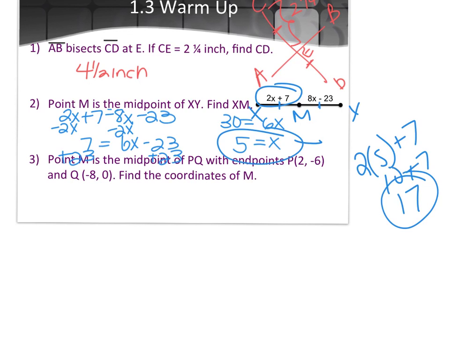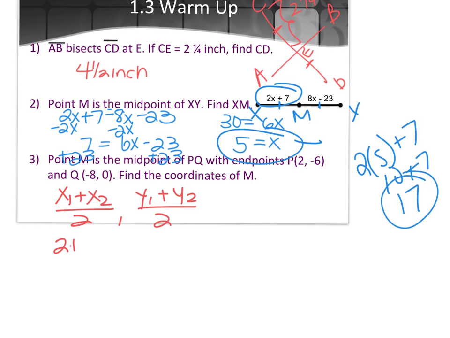Number 3 says point M is the midpoint of PQ, with endpoints P (2, -6) and Q (-8, 0). Find the coordinates of M. How do I find the midpoint? Add them and divide by 2. Good.